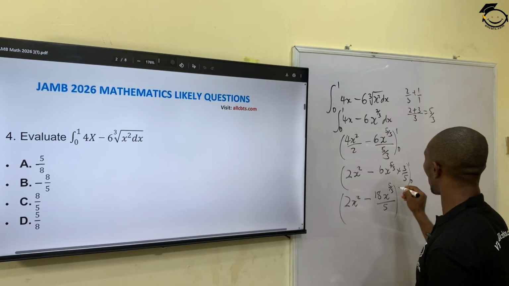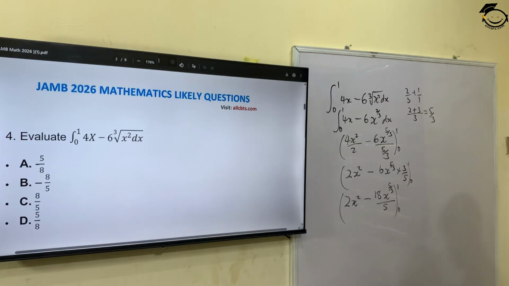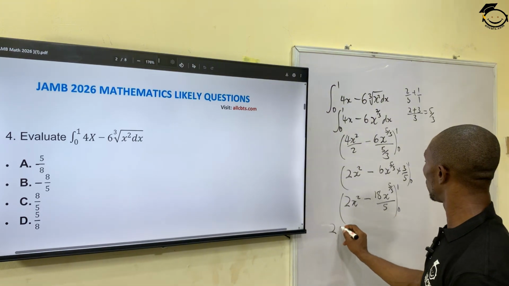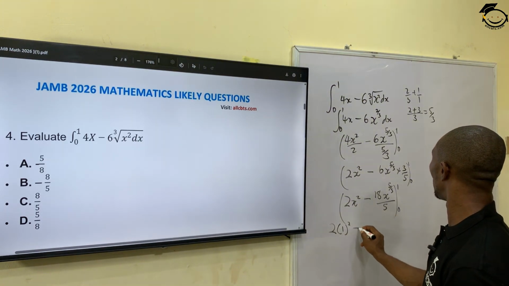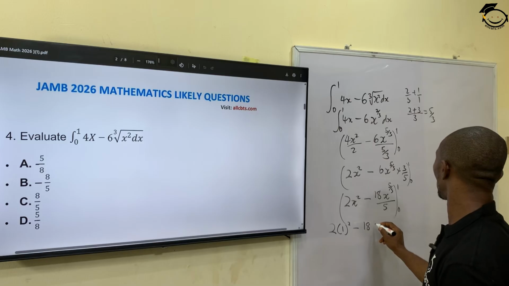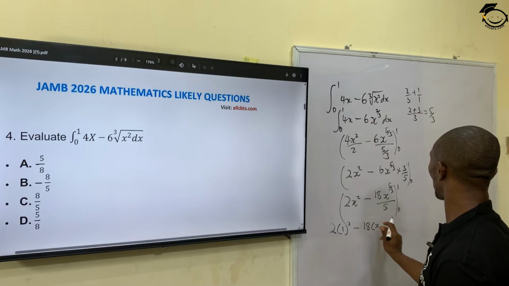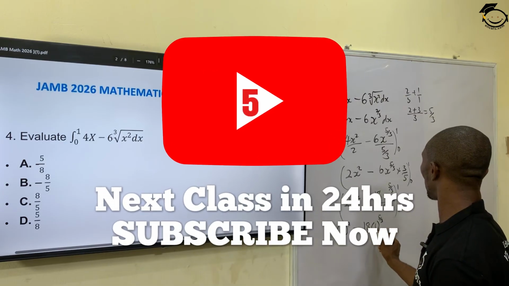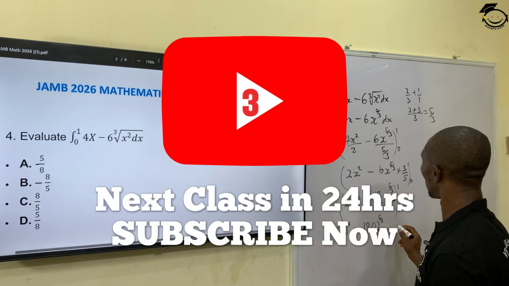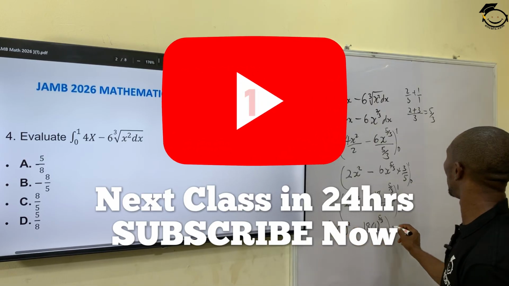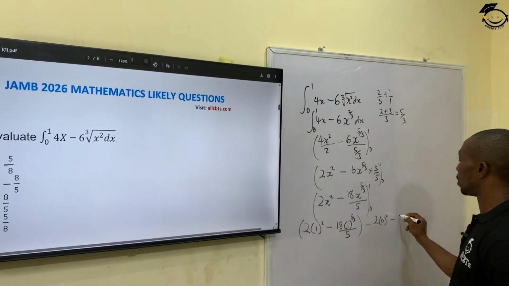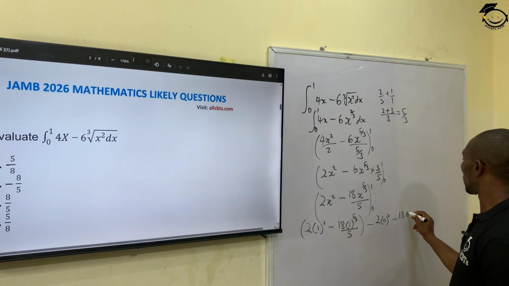Now, taking our limits of 1 and 0, this is going to become 2 bracket 1 squared minus 18 bracket 1 raised to the power 5 over 3 all over 5, minus 2 bracket 0 squared minus 18 times 0 raised to the power 5 over 3 all over 5.